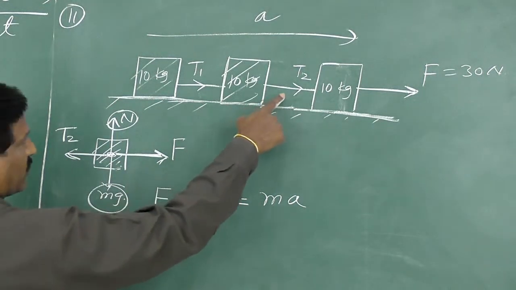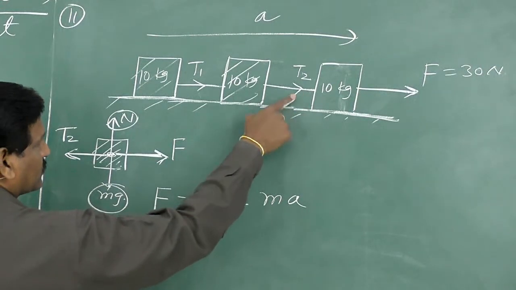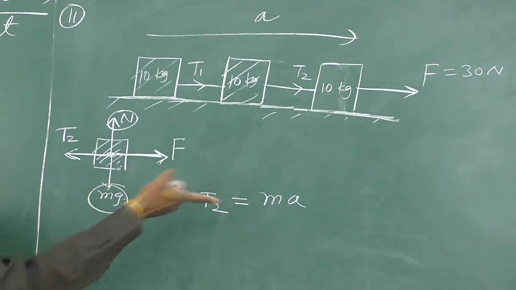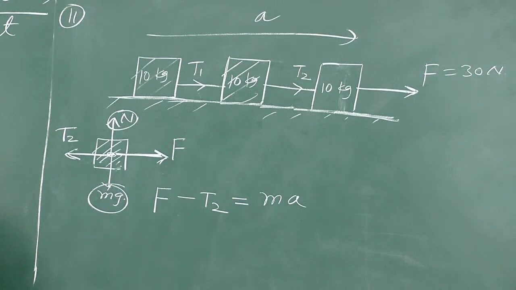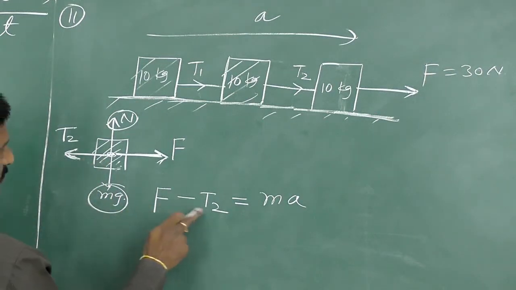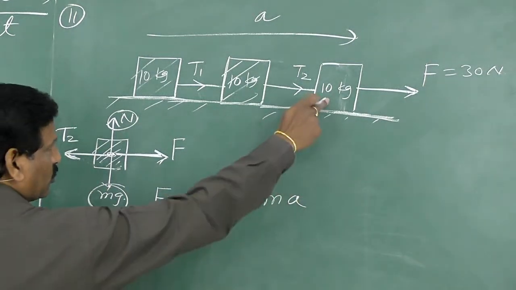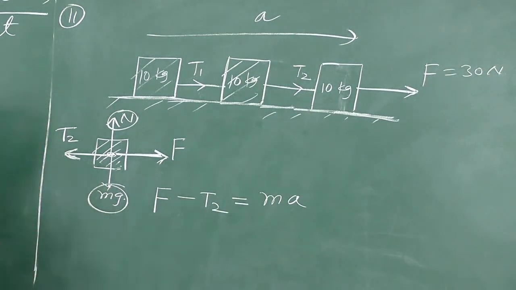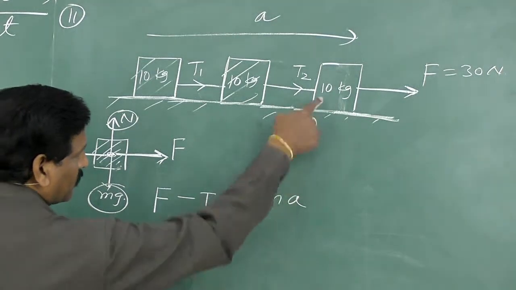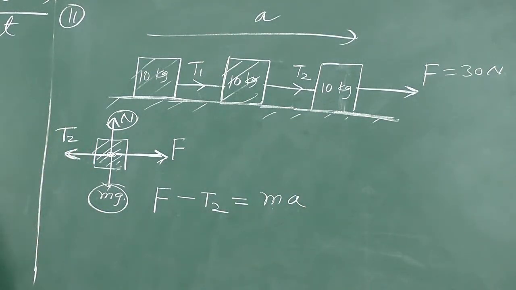And because it is connected by the string, tension is produced in the string, and this tension is opposite to the pulling force. So net force is F minus T2. Because of this net force, A is the acceleration produced in this block. From Newton's second law, net force is equal to the mass of the block times A. So F minus T2 is equal to ma. This is one equation.